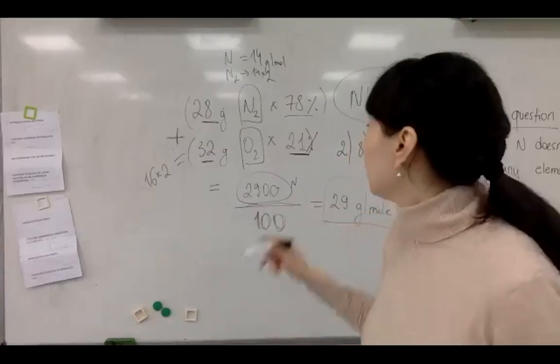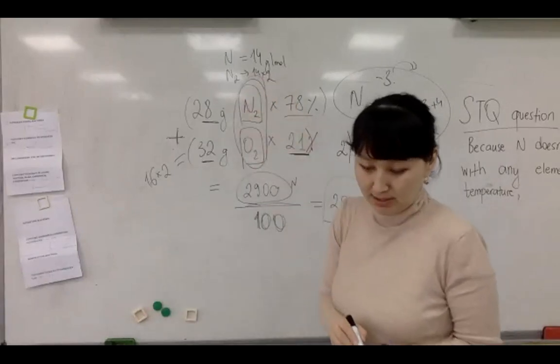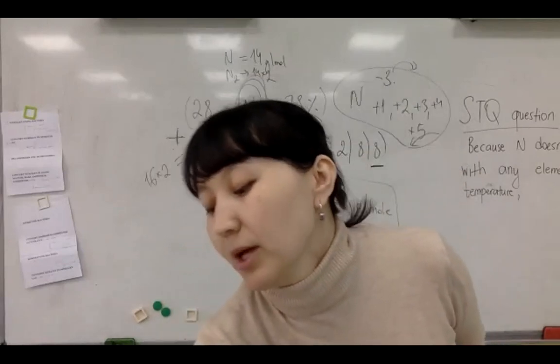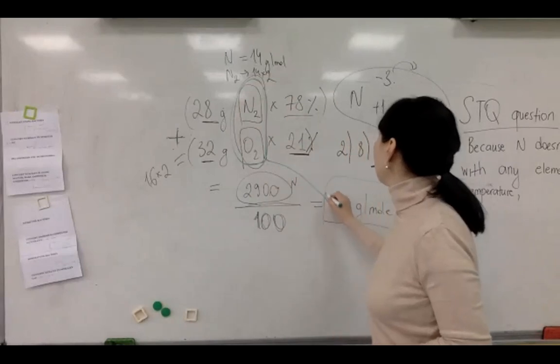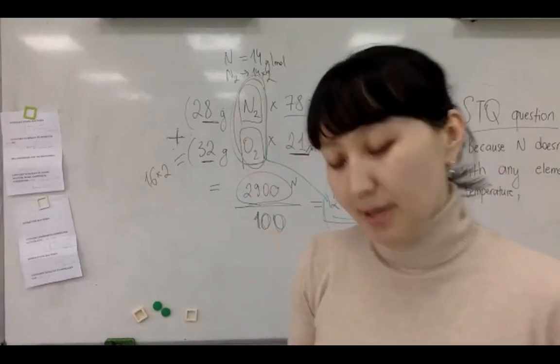The average molecular weight of air with these two gases is 29 gram per mole. Okay? This is the answer.